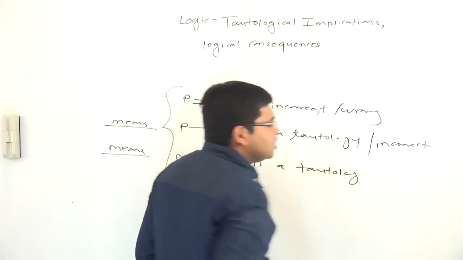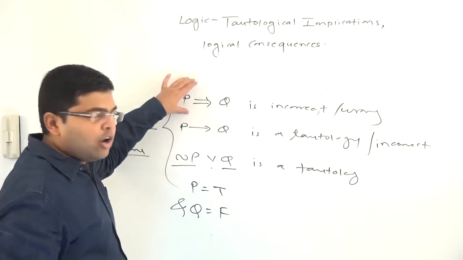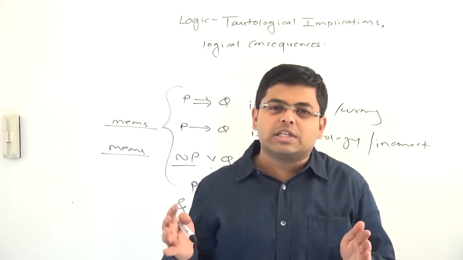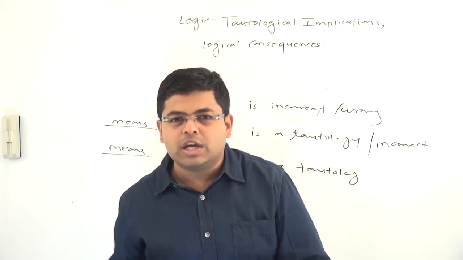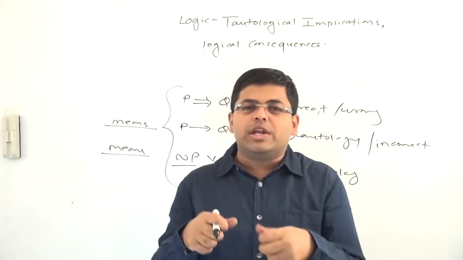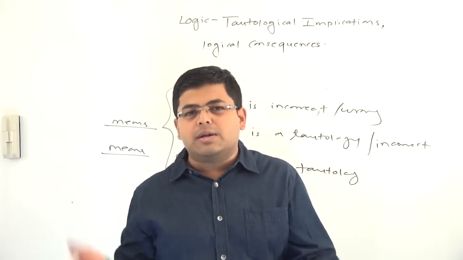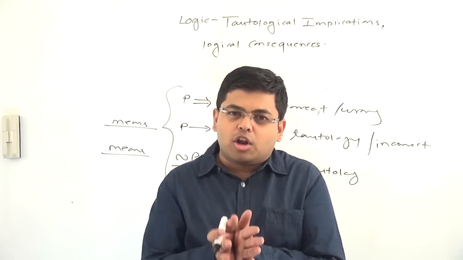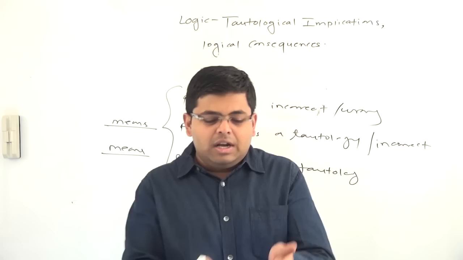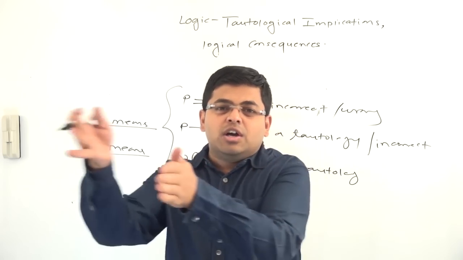So certain implications you cannot say are tautological implications, whereas certain implications are always true and they will be called tautological implications. So there is really nothing significantly different about tautological implication. It is only one way of saying that an implication is a tautology.